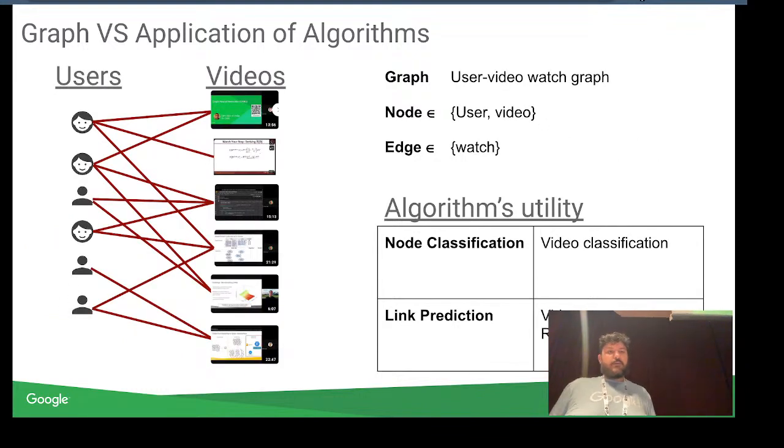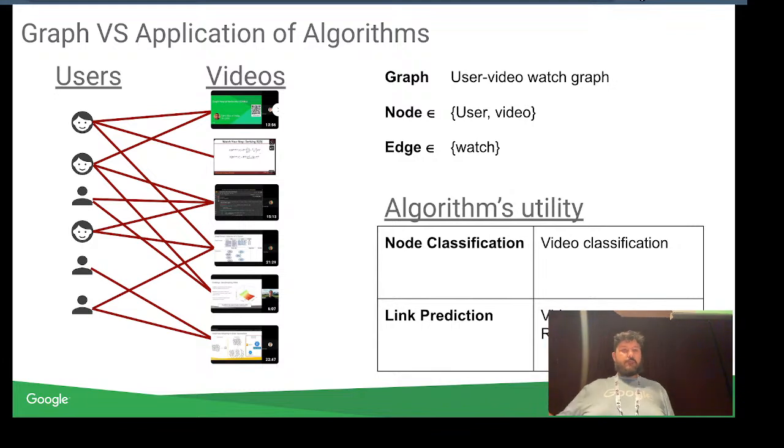Another common type of application would be recommendation systems. You might imagine you have a bipartite graph where we have users and then videos from, say, your favorite video sharing service, and we have some data about these users with these features who have watched these videos.